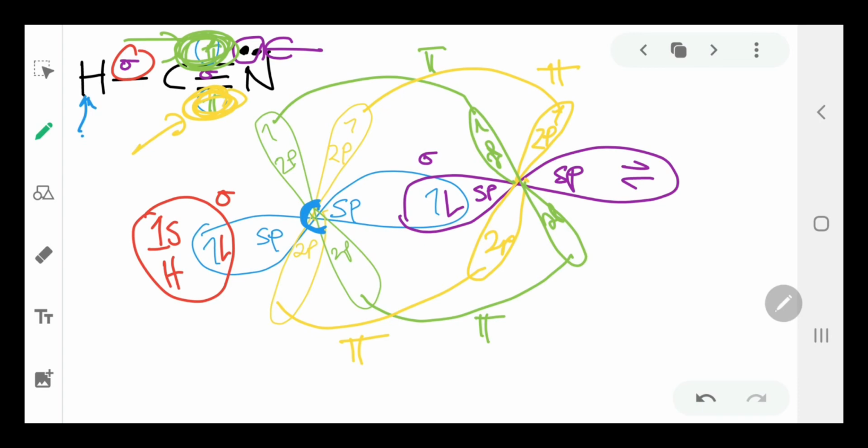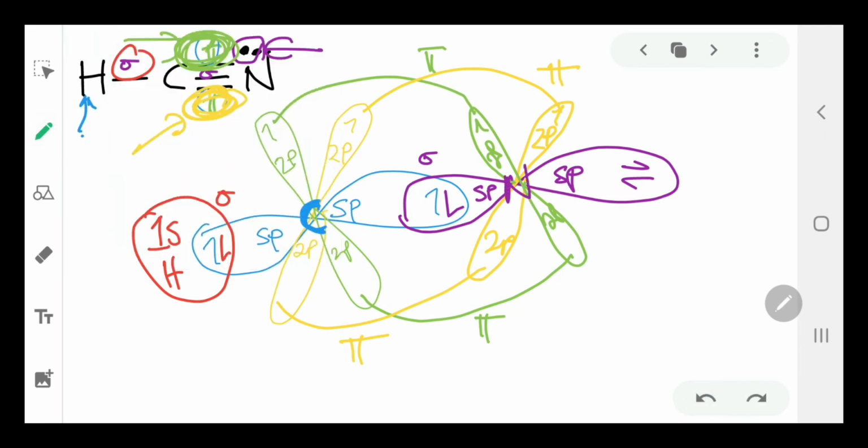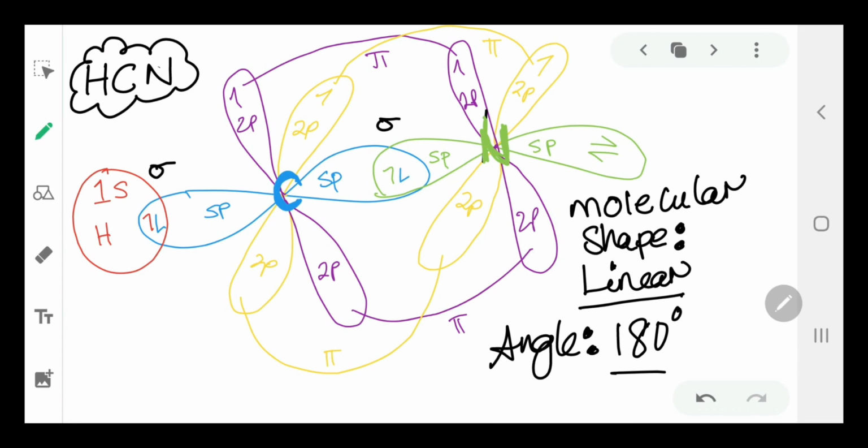Okay, so don't forget to put your nitrogen here. So that is the complete drawing for HCN. So this is how you're going to draw it very neatly and nicely. Okay, so the molecular shape is also linear and the angle is 180 degrees.